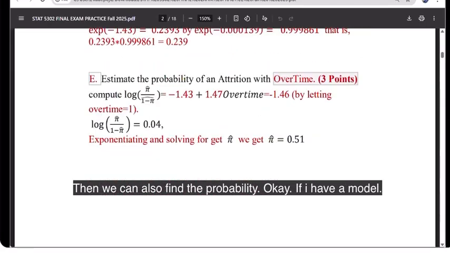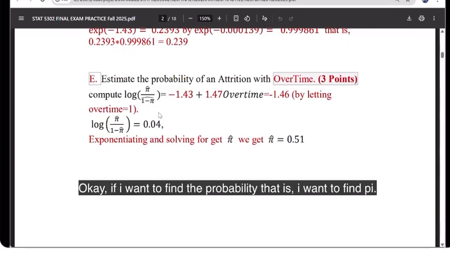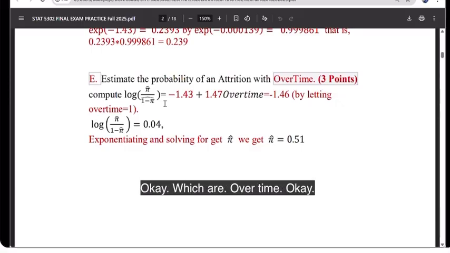If I have a model, the log odd, this is in log odd form, and I want to find the probability, that is, I want to find pi. Don't forget, we want to estimate the probability of attrition with overtime.